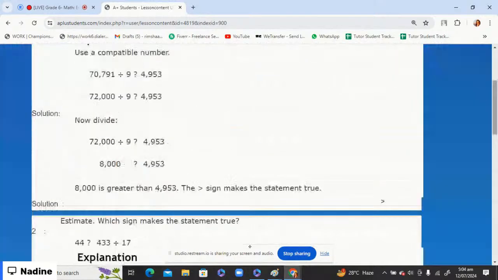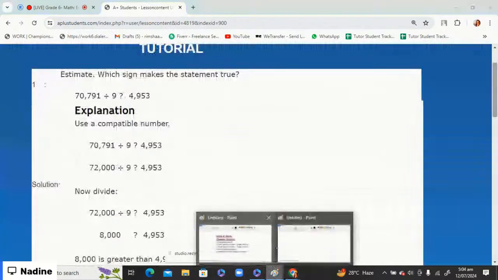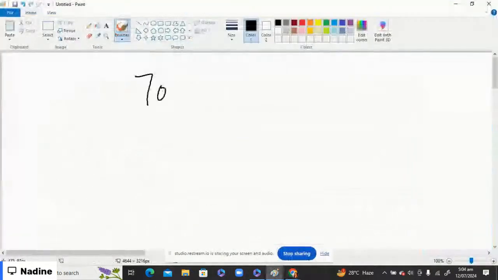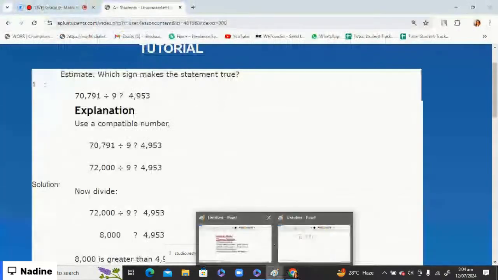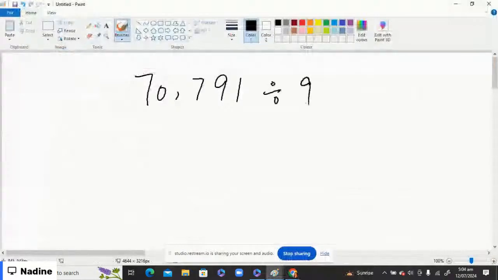Okay, let's start. 70,791 divided by 9. So let's divide and then check our answer. 9 times which number?